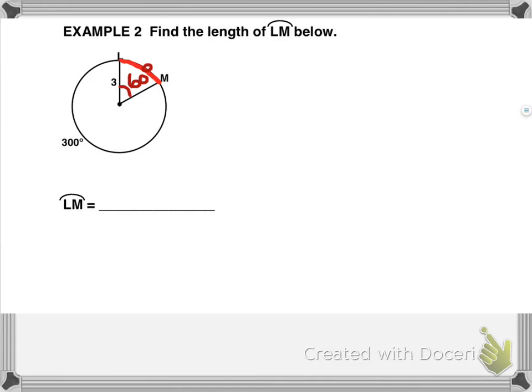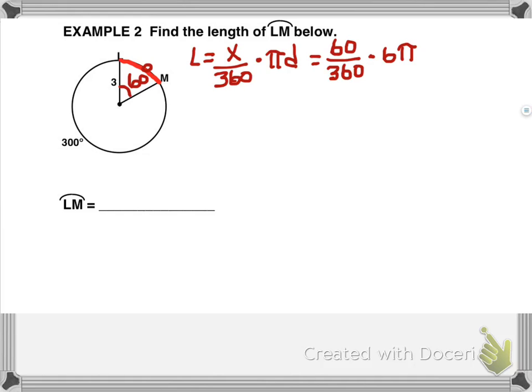Now we get 60 by subtracting 300 from 360. So using the formula, x over 360 times pi d, we'll use the central angle of 60 over 360 times 6 pi. Since the radius is 3, the diameter would be 6.